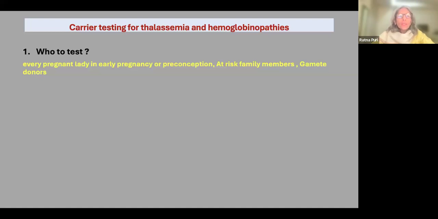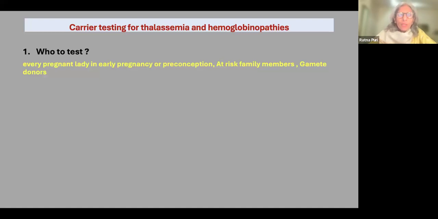So before I conclude, there are just a few things that I would like to reiterate. Who to test? We know that every pregnant lady, whether her hemoglobin is fine or low, not first deciding to give iron, at the first visit must have a CBC and an HPLC for A2, or in the preconception period.